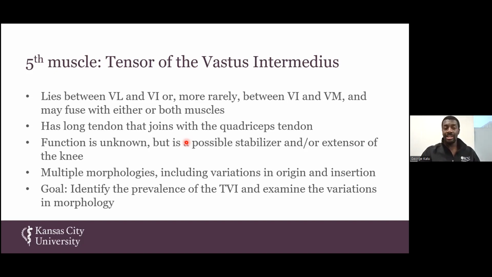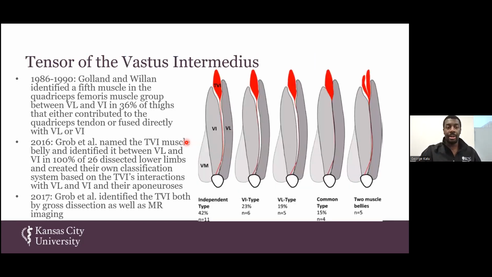Okay. We're going to see some cadaver pictures as we go, but before we get into that, I want to get into some of the past research that's been done on this very briefly. This muscle has been looked at throughout the last 100 years, but not really consistently until recently.